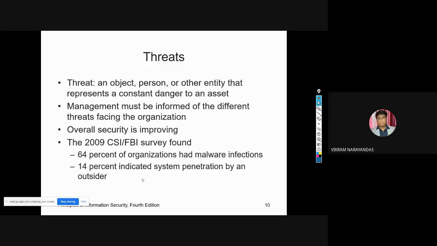Hardware is an asset. Software is an asset for your organization. Your computers are an asset, and even people are an asset, as well as the information. So all these things come under the asset here. The constant danger to the asset is the threat.